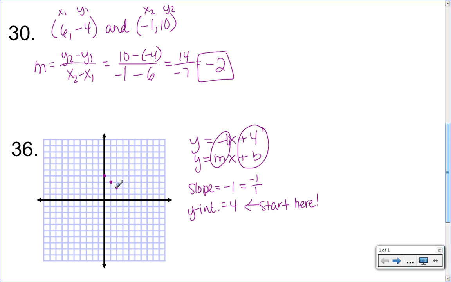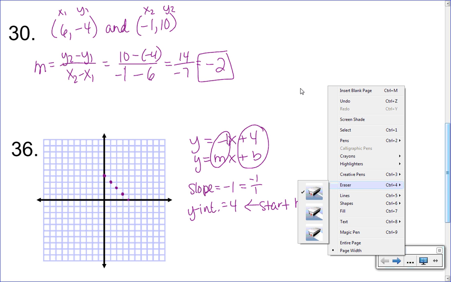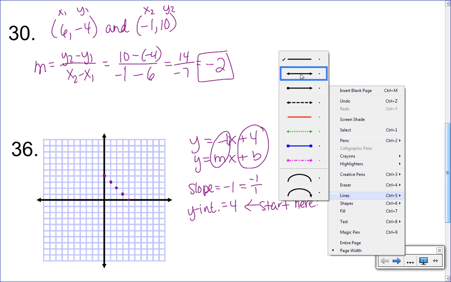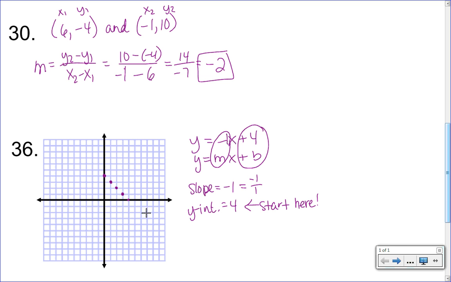Down 1 to the right 1. Okay, and we could keep going on and on, but that's definitely enough points to make a line. Okay, so your line should look something like that.